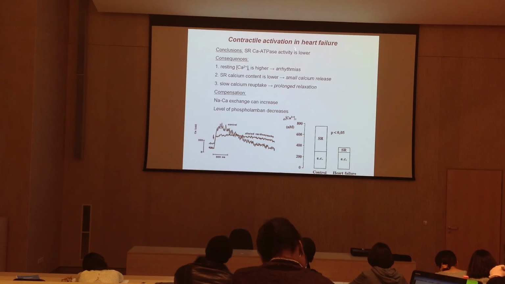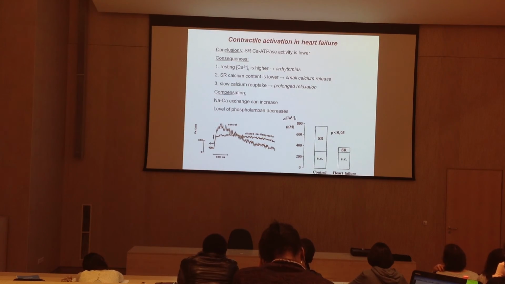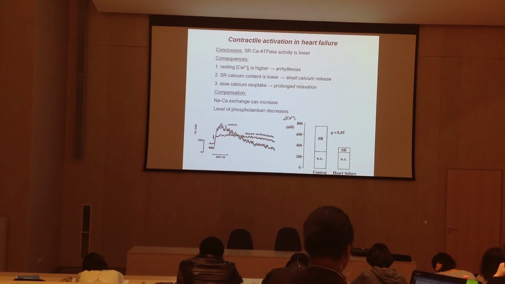So, because the ATPase activity is not strong enough, it allows the increase in the resting calcium level. It will result in a smaller SR calcium content. And the third consequence of the low calcium ATPase is that the calcium reuptake is low and the relaxation is much prolonged, much slower.